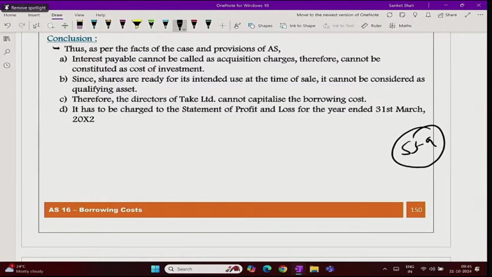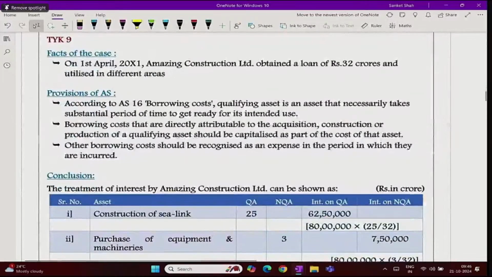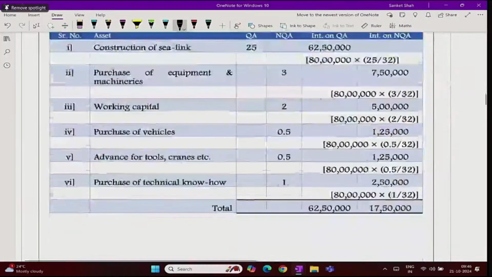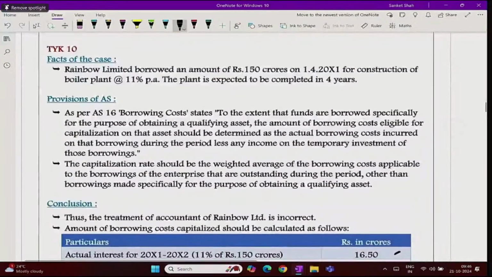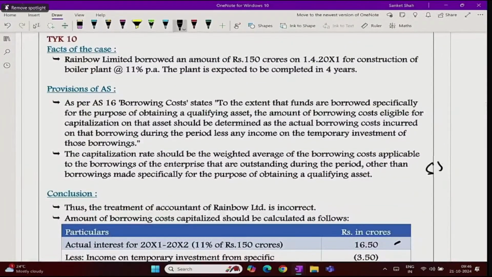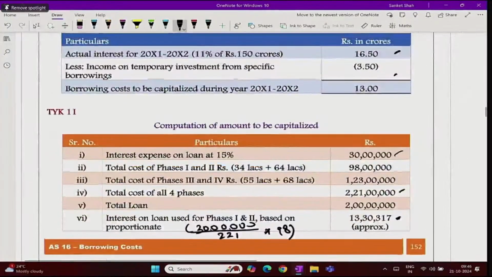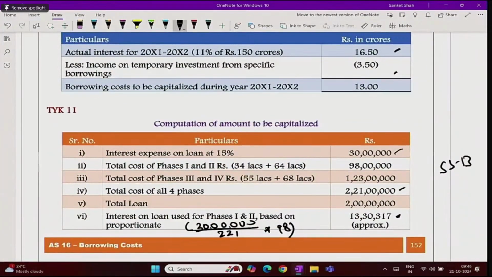Done, sir. 10. Done, sir. 11. Done, sir. 12. Done, sir. 13.